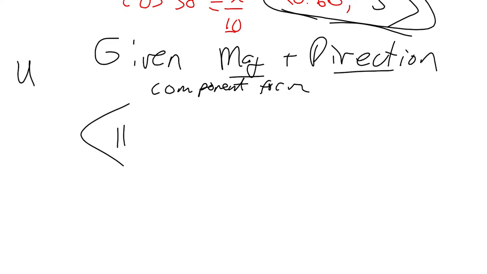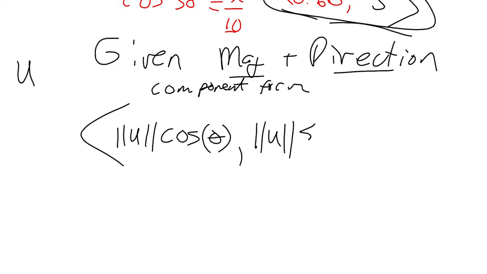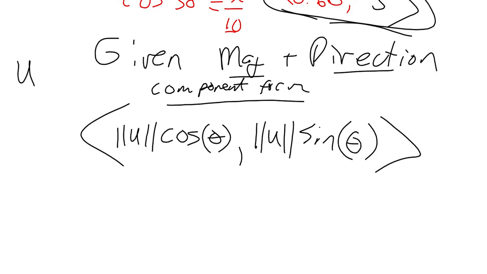It's going to be the magnitude of u times the cosine of the angle, comma, the magnitude of u times the sine of the angle. Okay? This will be the component form. This will be how to find the component form when you're given a magnitude and a direction. Okay? All right, next part.